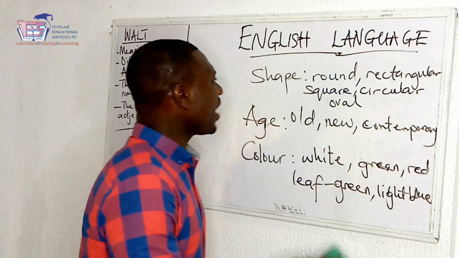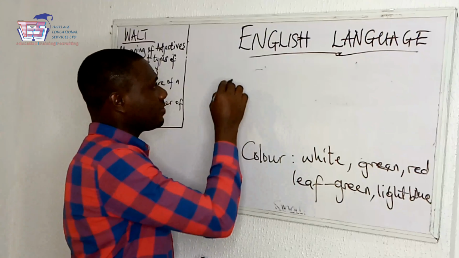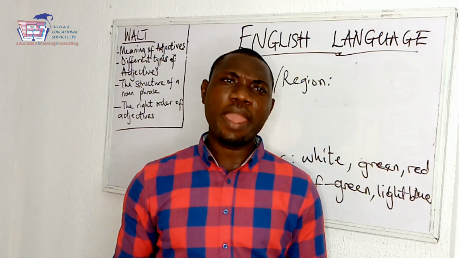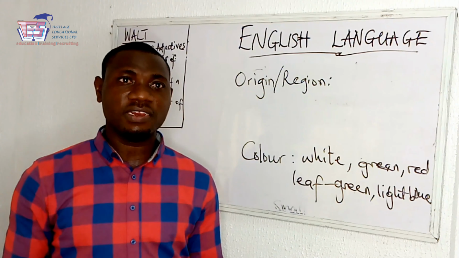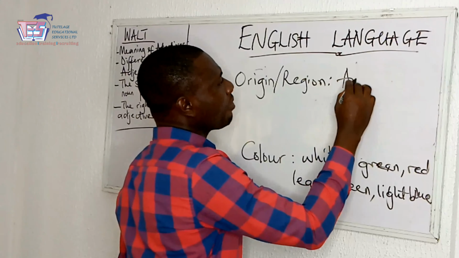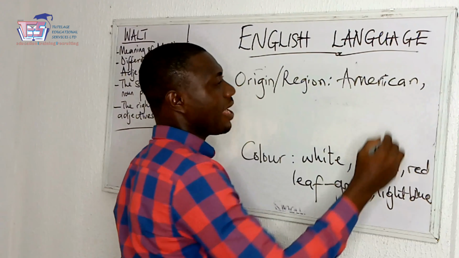So after that, I'll take you to what we call adjectives of origin or region. You can call it region. What are we talking about? We're talking about where the object or the person is from. So we're talking about American design, things like that.